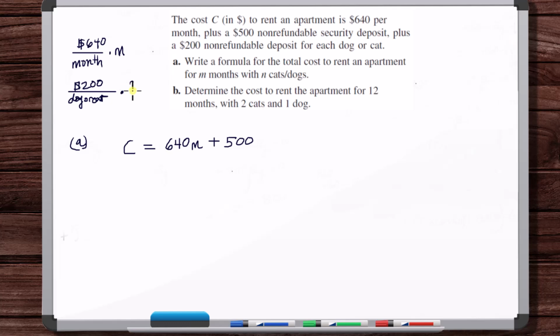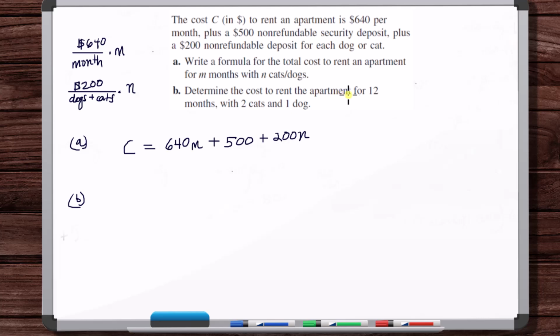So you multiply this times the number of dogs and cats, n, however many dogs or cats, so that the units dogs or cats cancel, and you're left with the dollar amount. So this is going to be plus 200 n. Okay, so that's part A.